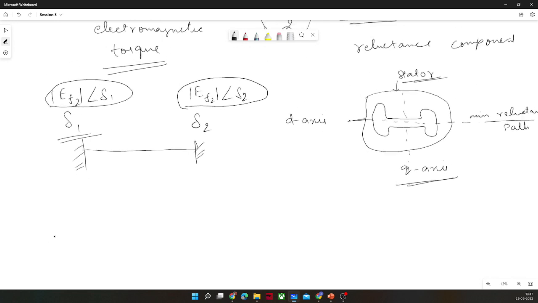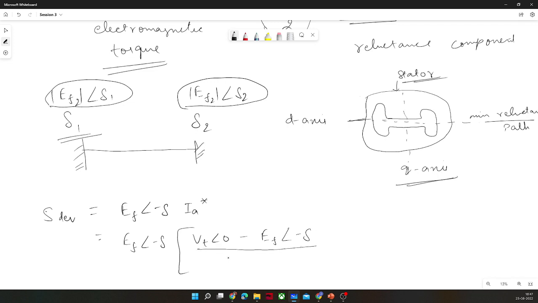So let me derive the Q for developed. That was EF angle minus delta, IA conjugate, where IA is VT angle 0 minus EF angle minus delta, divided by ZS.